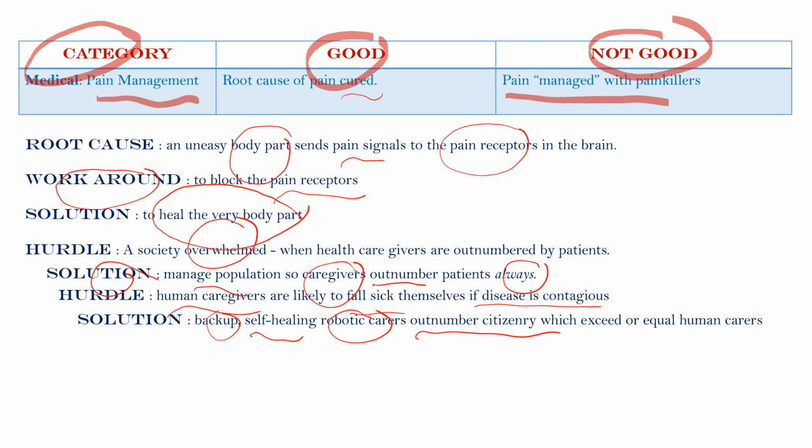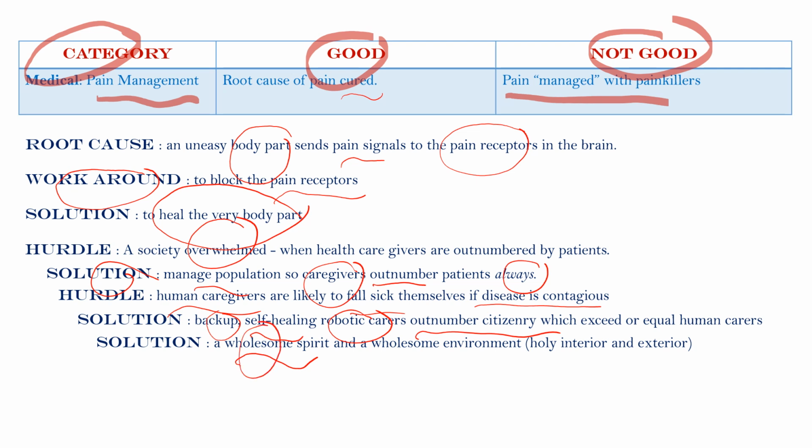They afflict pain upon others who may disagree with them, since these misguided folk use suffering and pain to reform, humble, and change people. A solution, of course, is to recommend to these quote-unquote caregivers or guardians that the right way of reforming a people is not through pain and not through suffering, but through a holy spirit, a wholesome and healthy spirit, and a wholesome and holy environment, which is giving people a holy interior and exterior.